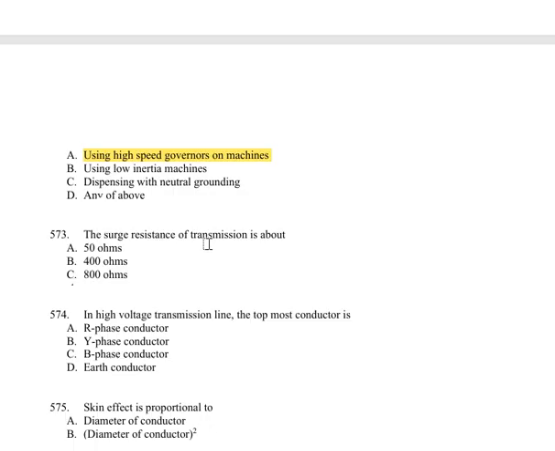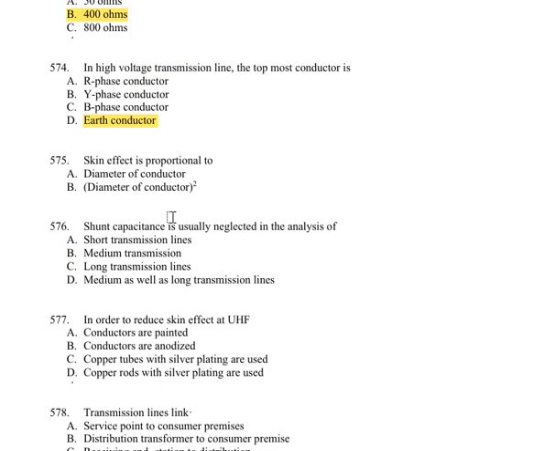Surge resistance of a transmission line is of the order of 400 ohms. In a high voltage transmission line, the topmost conductor is the earth conductor. Corona effect is proportional to the diameter of the conductor squared.